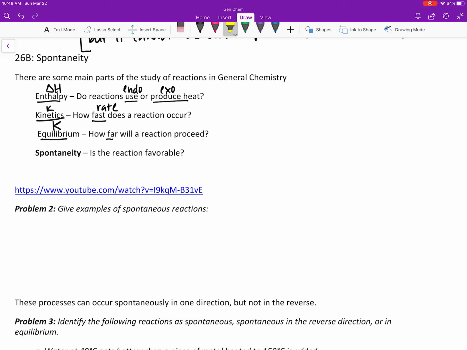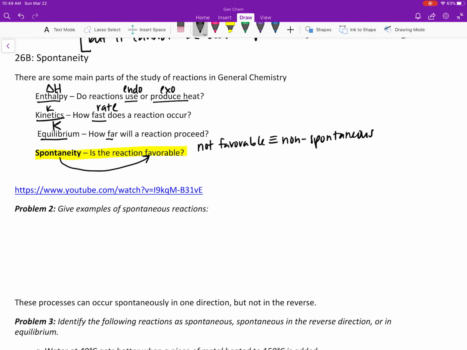Now, spontaneity is: is the reaction favorable? That's what spontaneous means here. If it's not favorable, we're going to call it not spontaneous. Wood does not spontaneously ignite.